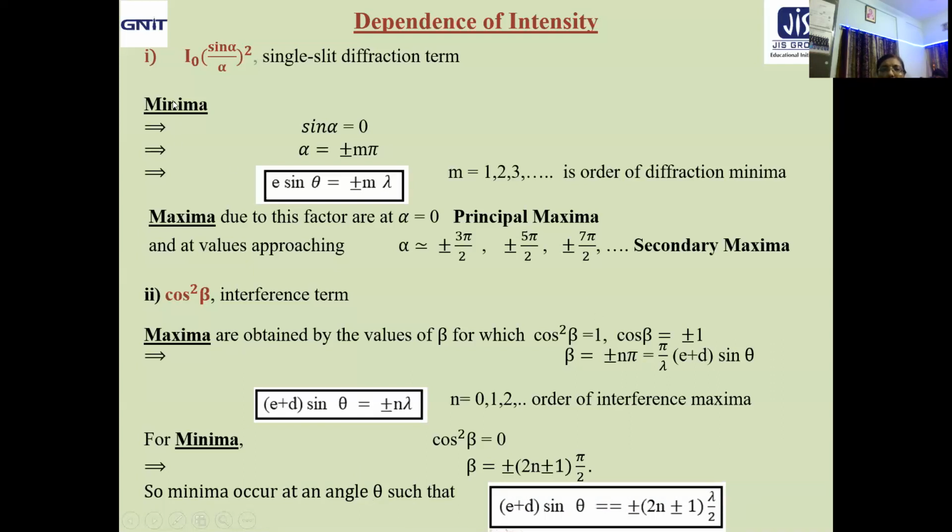So here you are getting a total of 3 conditions for the diffraction term. Here you are getting a total of 2 conditions from the interference term. Now, if you look carefully at this diffraction minima and interference maxima, it will be clear to you that they are very similar in appearance. e sine theta equal to plus minus m lambda and here it is e plus d sine theta equal to plus minus n lambda.